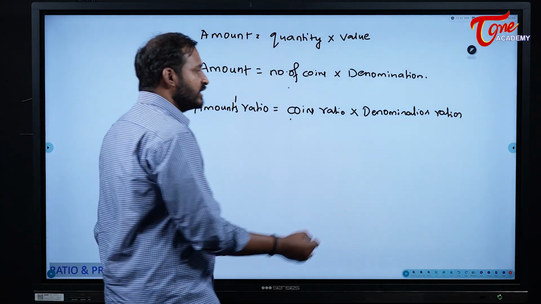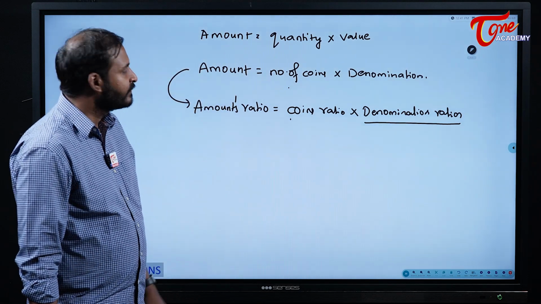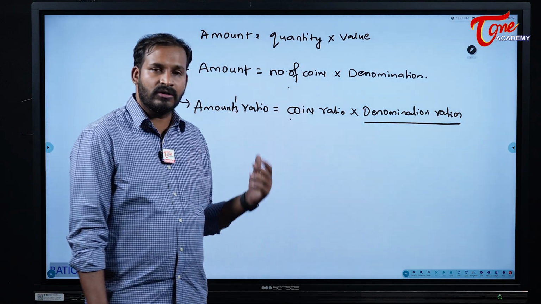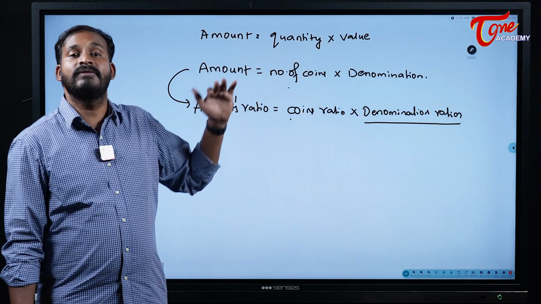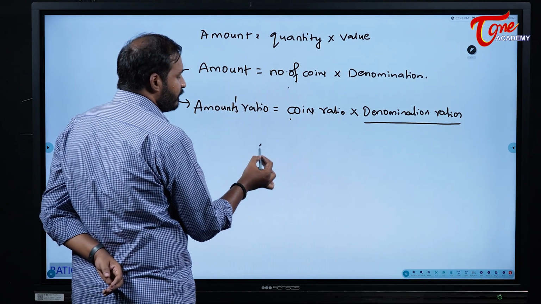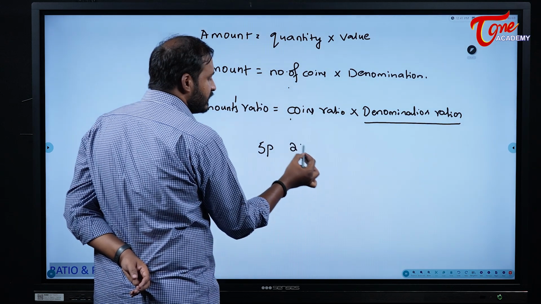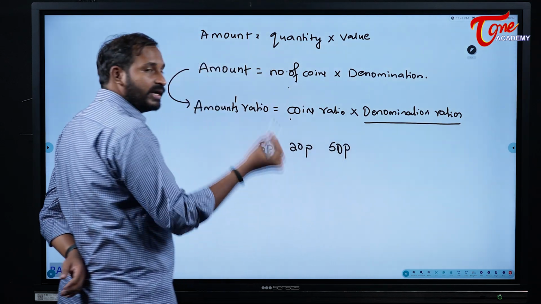One more thing, students: in the questions, they will never mention the denomination ratio. They may mention the amounts ratio or coins ratio, but they will give us the denominations by saying, for example, 5 pies, 20 pies and 50 pies. Then we need to write the denomination ratio.